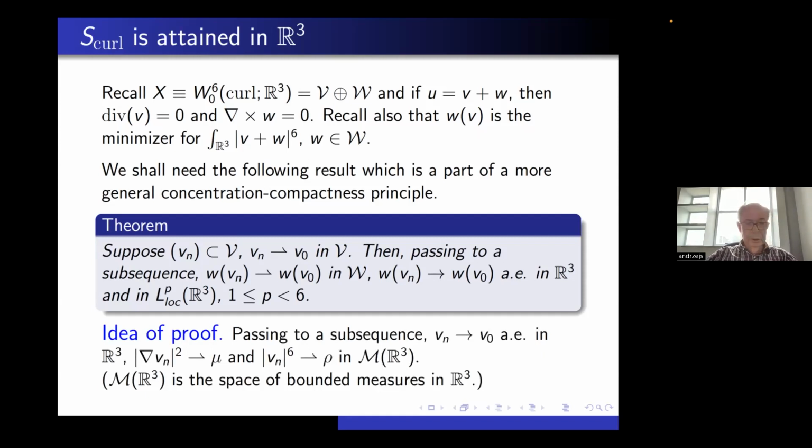And now the idea of the proof is that, well, first, we can assume Vn goes to V0 almost everywhere. Also, we have a weak convergence in measures. Gradient Vn squared weakly converges to some measure mu, and Vn to the power 6 to another measure rho.